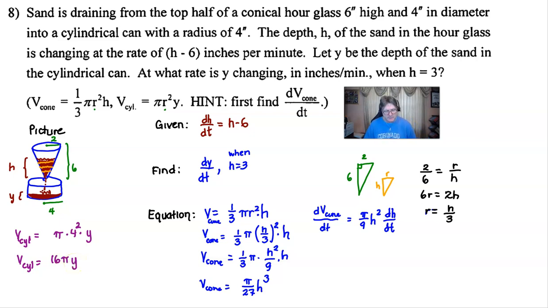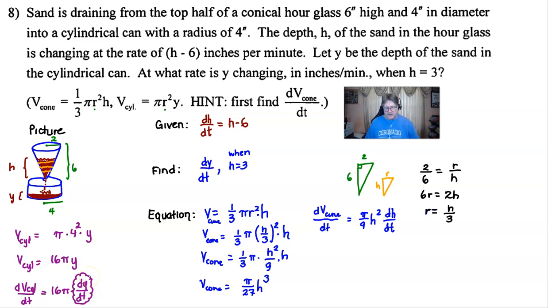16 pi times y. Well, if we take the derivative of this, thinking, well, we're going to probably have to do it eventually, it's a pretty easy derivative, right? 16 pi, and then the y there is going to require a dy over dt, which, alas, is what we're trying to find, right?